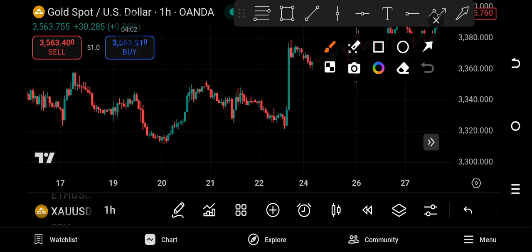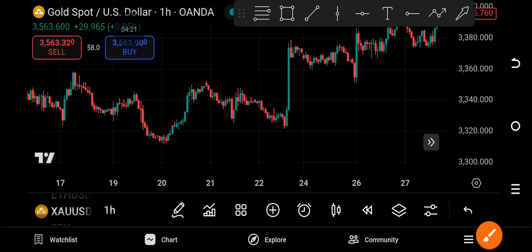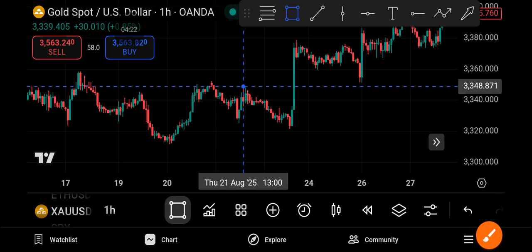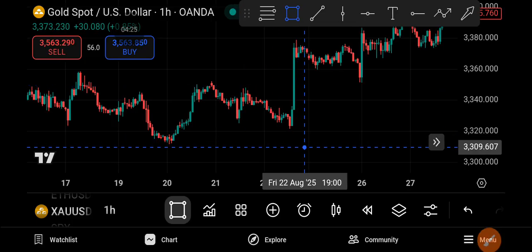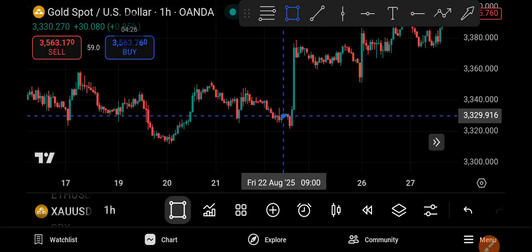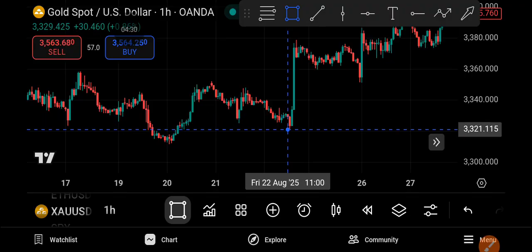Here the market came and formed this one, a standard one.